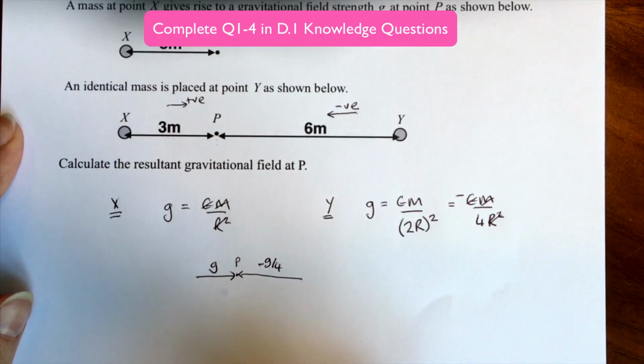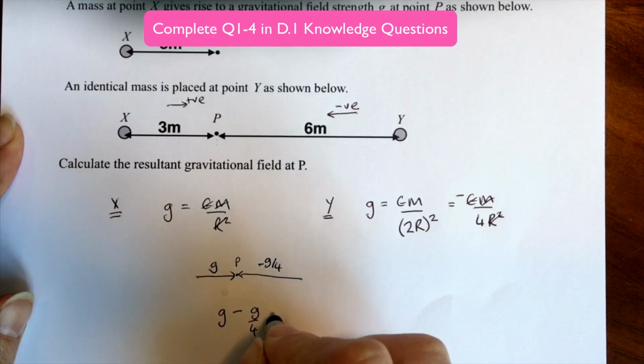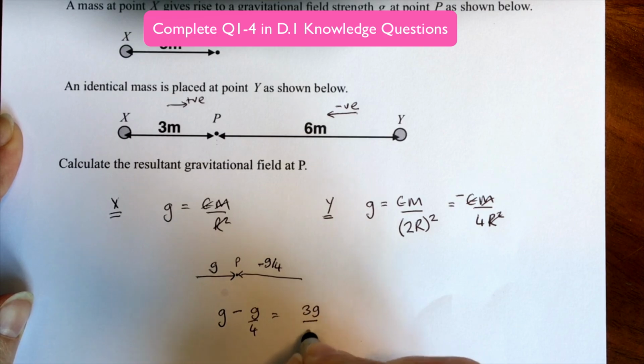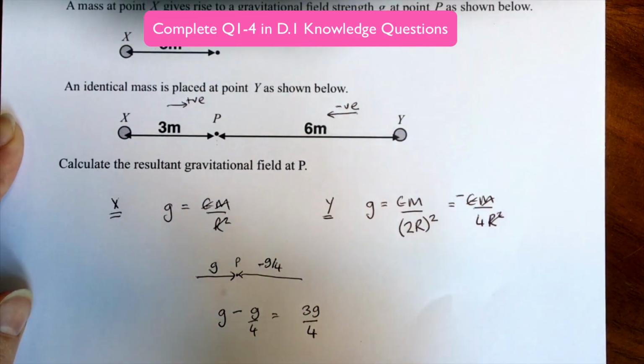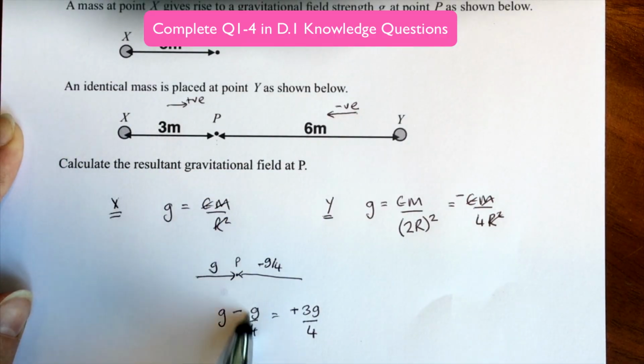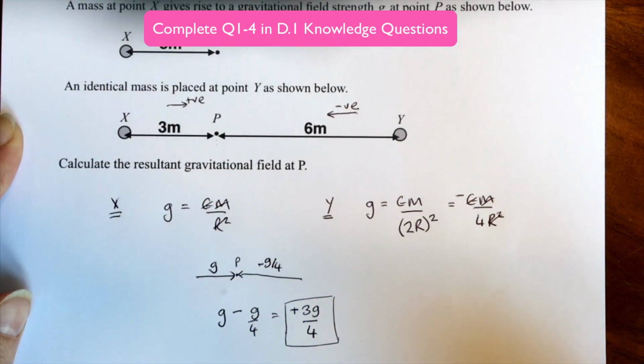So the resultant gravitational field strength is G minus G over 4, which is 3G over 4. And that's a plus, because this G is bigger than that G. So our resultant gravitational field strength at P is 3G over 4.